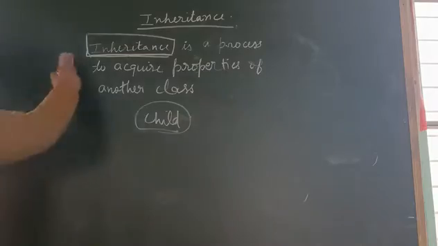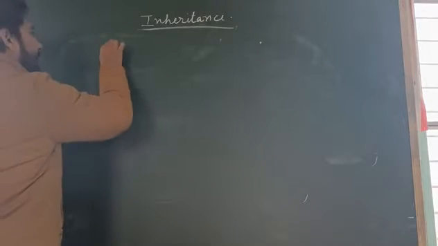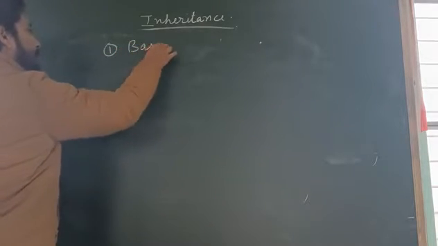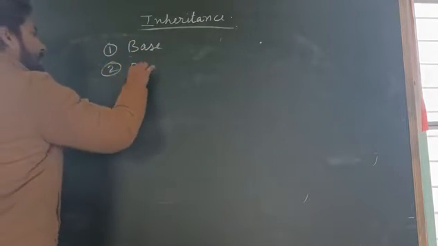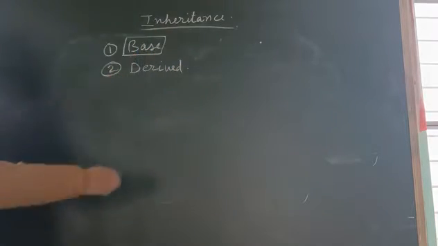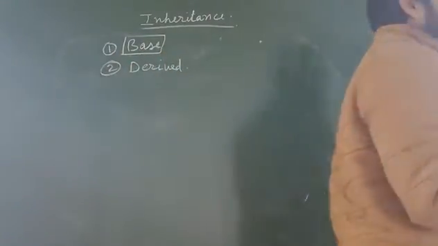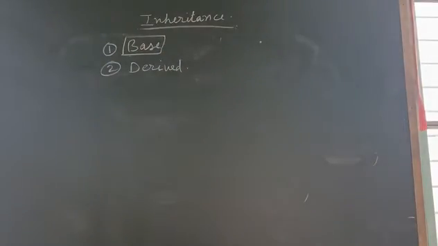So we have two types of classes for the process of inheritance: the base class and the derived class. What is the base class? The base class is the class whose properties are inherited by another class. Let's take an example.